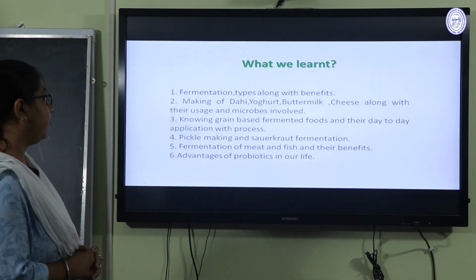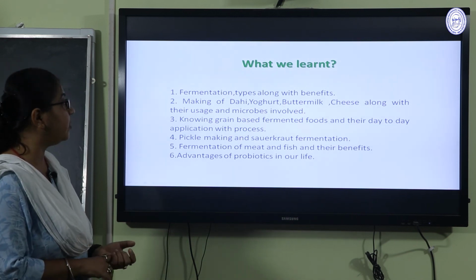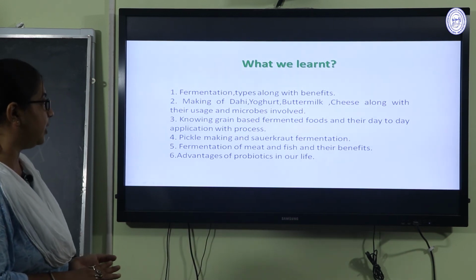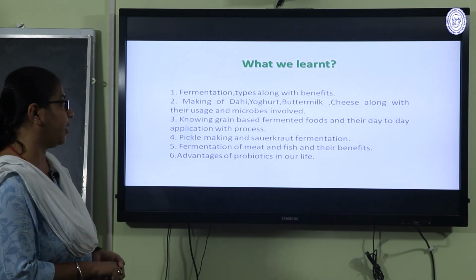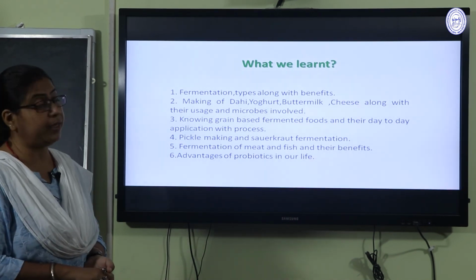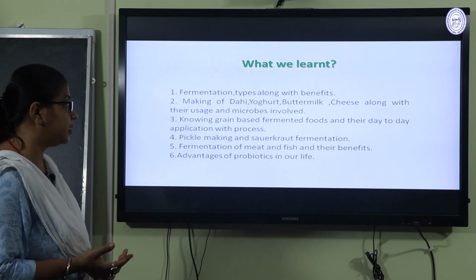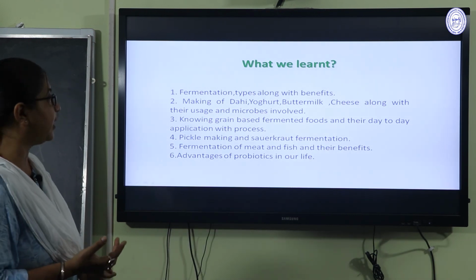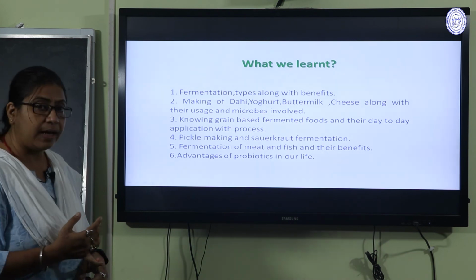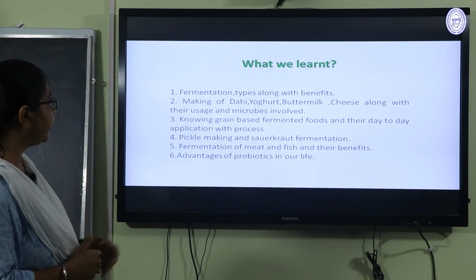Next, we have learned about the making of dahi, yogurt, buttermilk and cheese, along with the usage and microbes involved, the health benefits of each, and the different types of cheese.